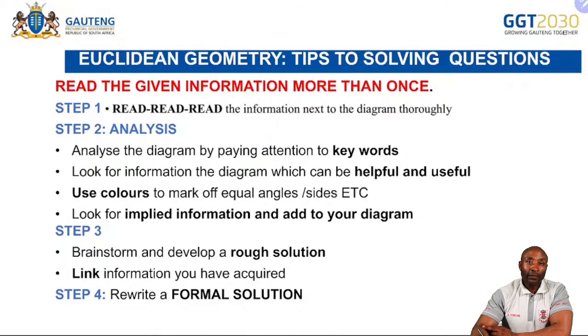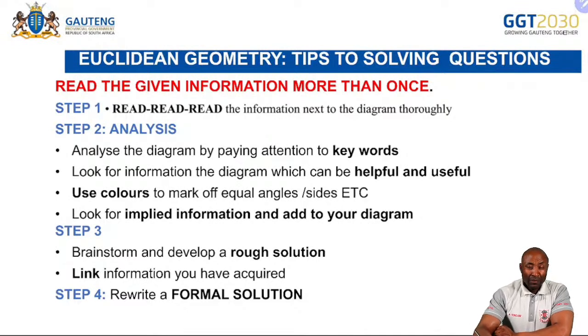Please read the information. It is important. And as you are reading the information, if it's not included in the diagram, add the information in the diagram so that you are able to see the information that you have, and it also helps you to visualize what can help you solve that particular problem.